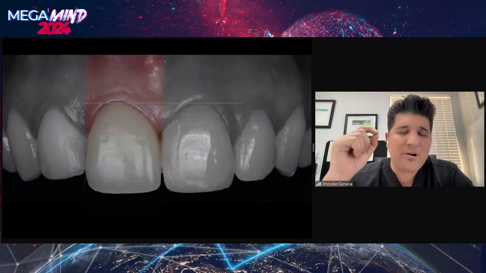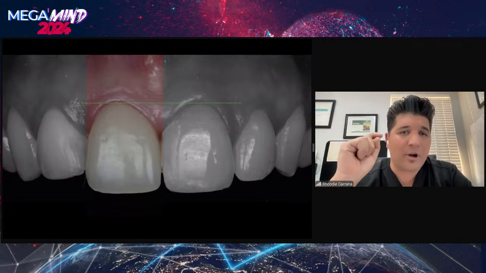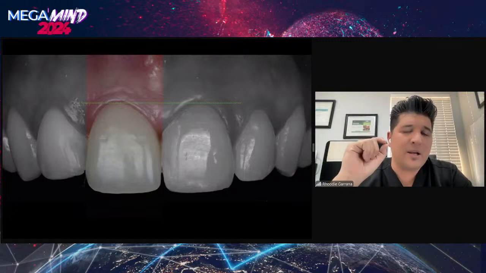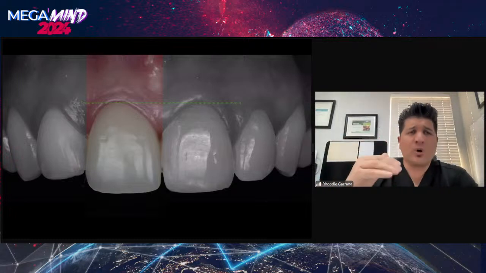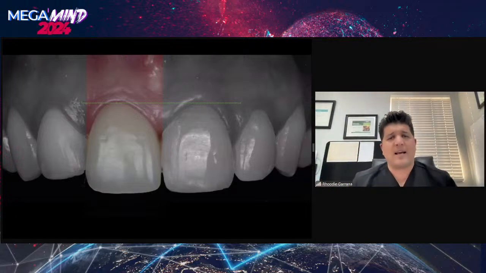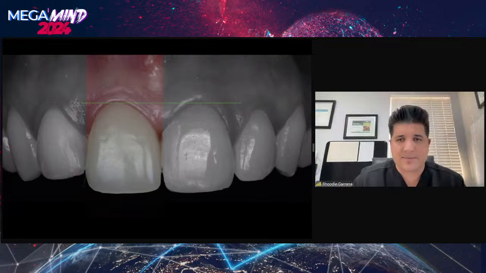Why? Primarily because we have volume, we have bone, and we have followed the principles of ideal prosthetic crown contours. So we can control where we want the soft tissue to be. So we're very pleased that at 4 months, we've seen an optimal healing in this case.